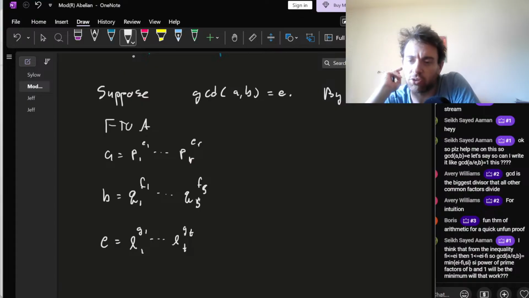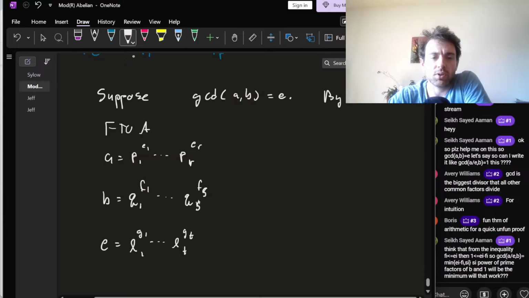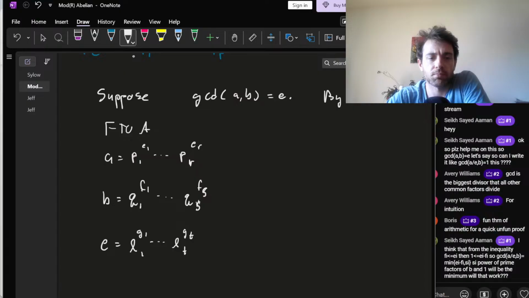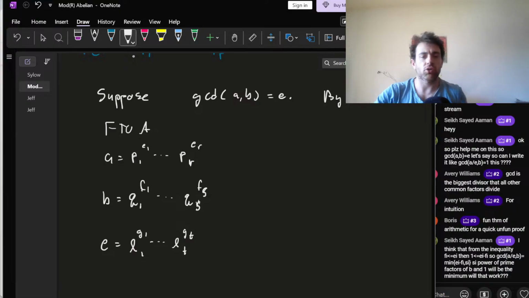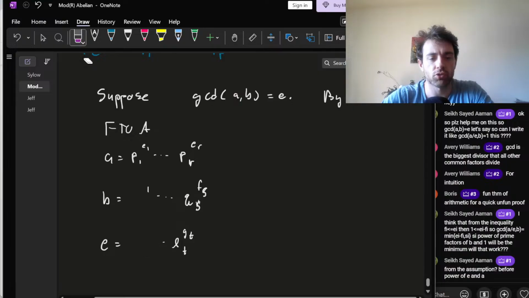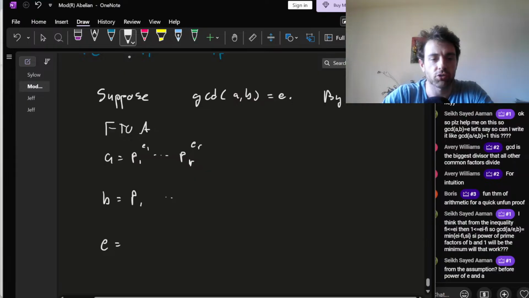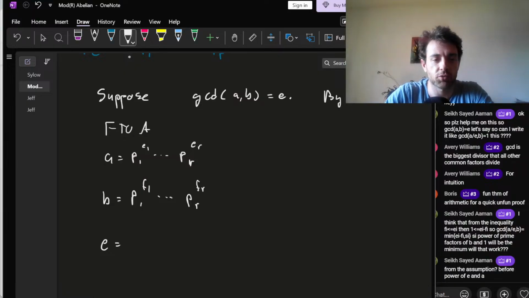Although I think you have the right idea, right? You are right that the GCD will be, if we extend, okay, so we can do this. So you're right. If, let's say we choose a prime factorization, we can make it the same number of primes if we just allow that some of these exponents are 0.